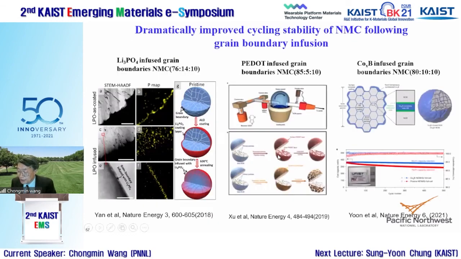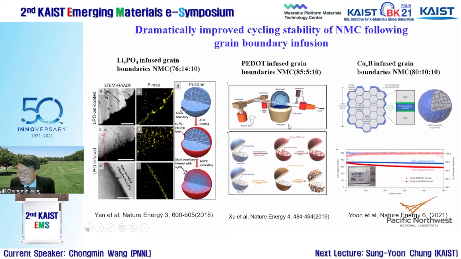What's going on here? So I show you three very good examples, and we talk about the intragranular cracking between the primary particles. This work really comes from PNNL and Jesse Zhang's group, this from the Hong Kong and Argonne group, and this from South Korea and the MIT group.